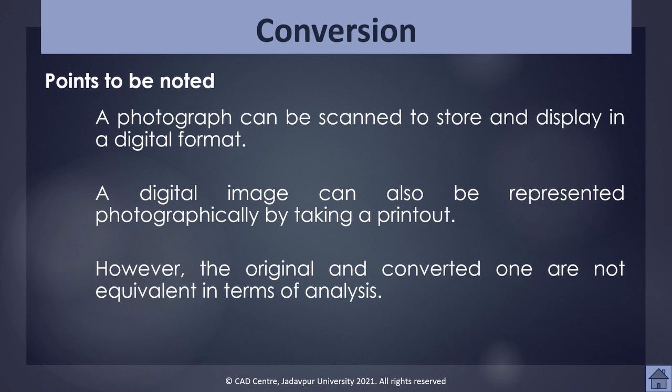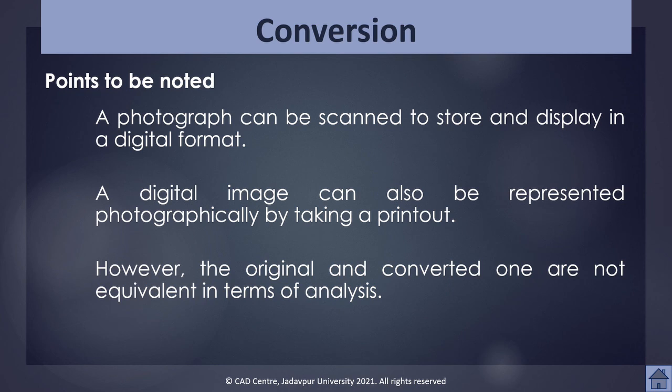Although photographs can be represented digitally by scanning them, digitally captured images and scanned photographs are not the same. Electronic sensors actually record electronically the energy reflected, emitted or backscattered from the terrain. The value recorded by the sensor relates to the percent reflectance and forms the basis of object or material identification.